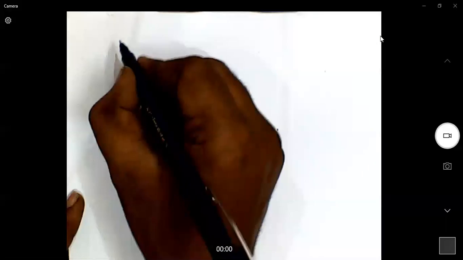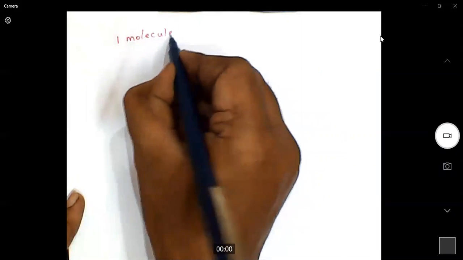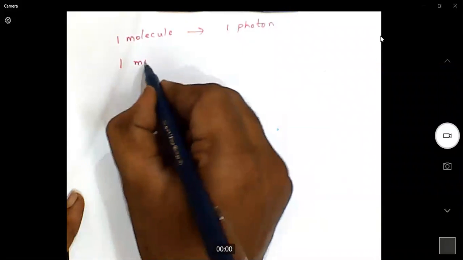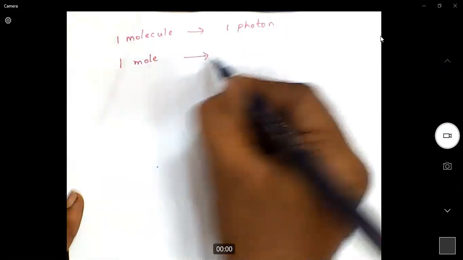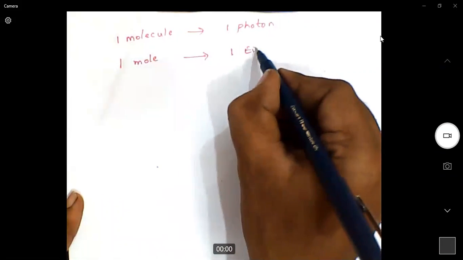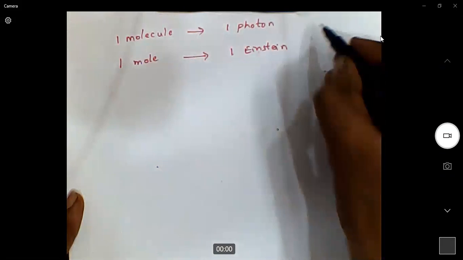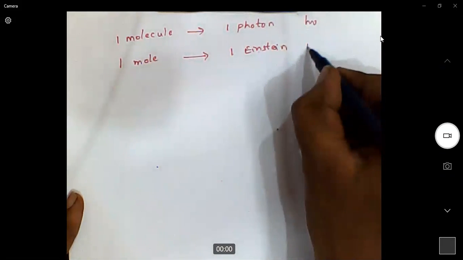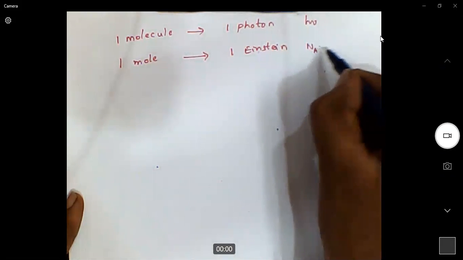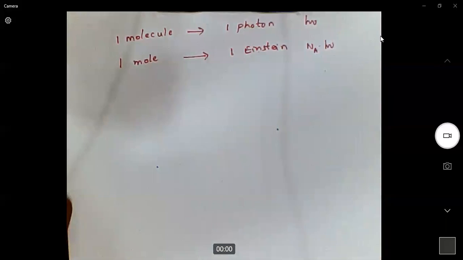As I said, one molecule will absorb one photon of energy, whereas one mole will absorb one Einstein of energy. One photon means h nu. Einstein means Avogadro number multiplied by h nu.